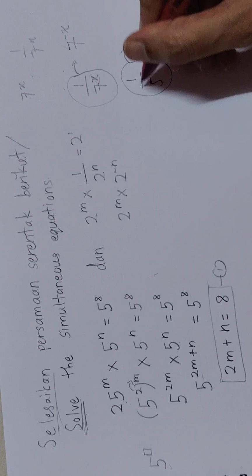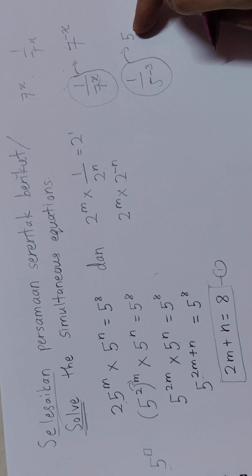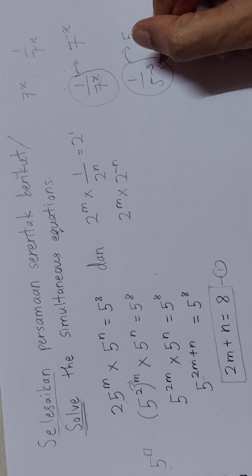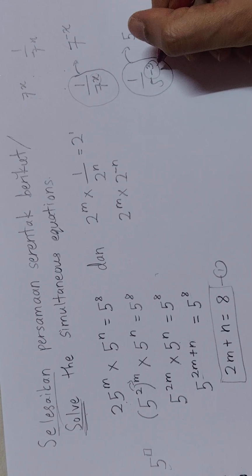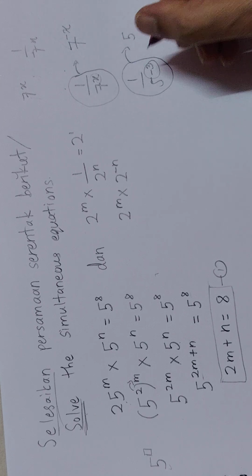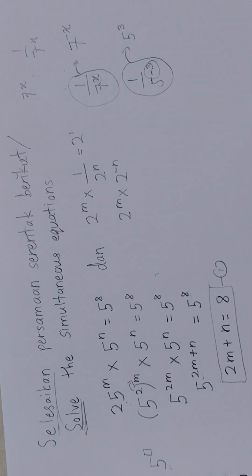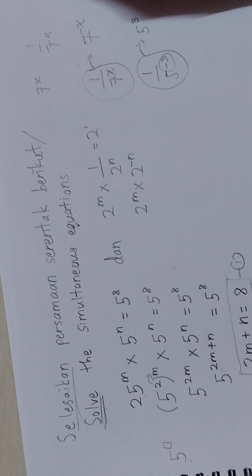So this is 1 over 5, right? When you change, what number should you write here? 5. 1 over 5 meaning normal number is 5. What will happen to the power? Just now positive x becomes negative x. Now this one negative 3 becomes positive 3.